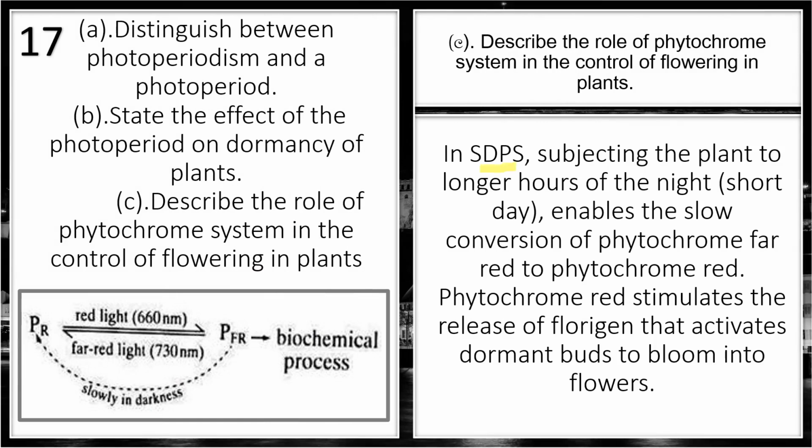In short day plants, subjecting the plant to longer hours of the night and shorter days enables the slow conversion of phytochrome far red to phytochrome red. Phytochrome red stimulates the release of florigen that activates dormant buds to bloom into flowers.